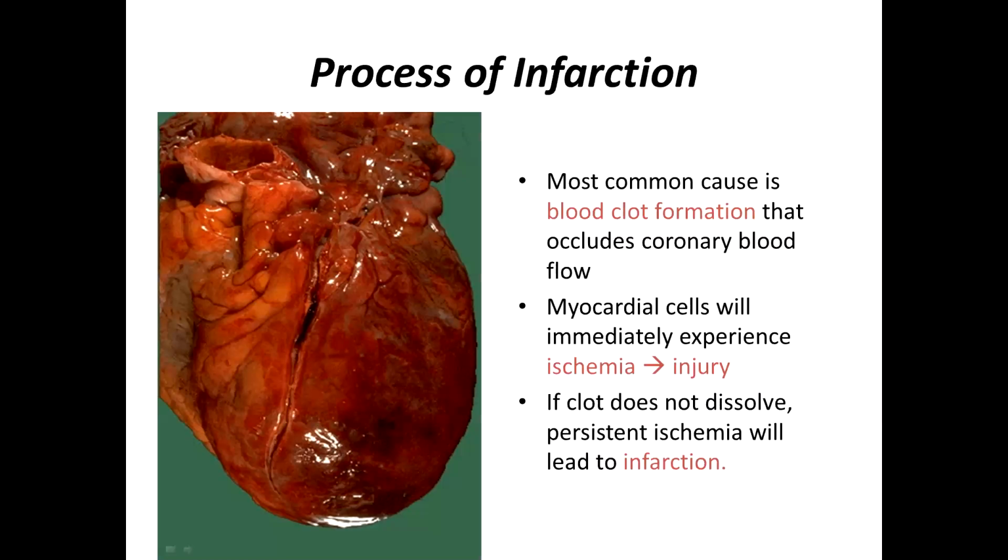Now, when infarction is going to occur, there's always an initial ischemic scenario. If that ischemia is not resolved, then the area will experience injury. Injury is still reversible, but the tissue, like ischemic tissue, does not contract as well, and it's more irritable. There's irregular automaticity in there, so they're more prone to dysrhythmias, which is one of the reasons why we like to give beta blockers to them.